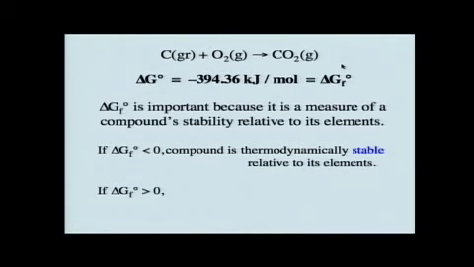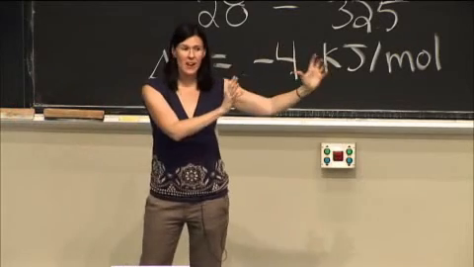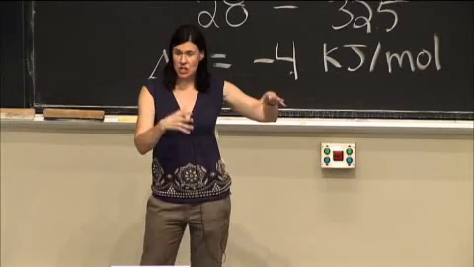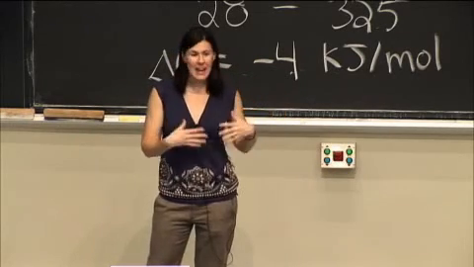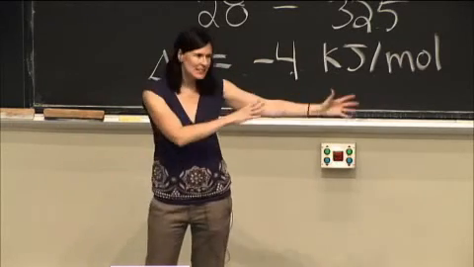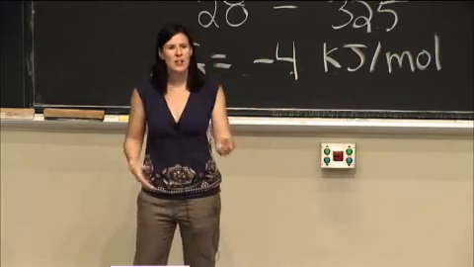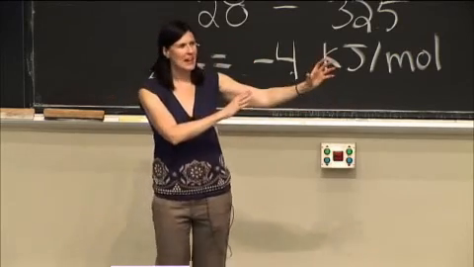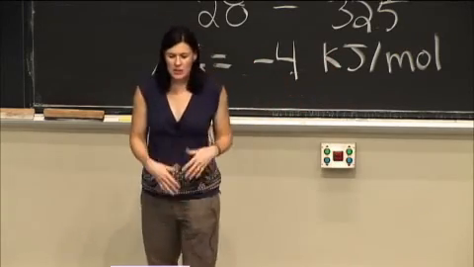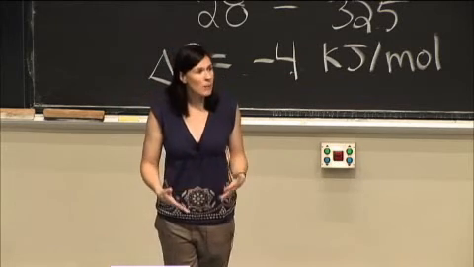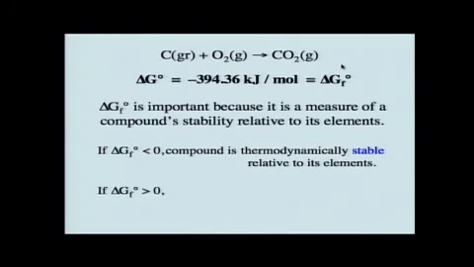The reason for this is if you think of the reaction of the elements forming the compound, if the delta G of that reaction is negative, that means it's going to spontaneously form the compound. It's going to release energy when it forms that compound. So that's another way of telling us that the compound is more stable than its elements.